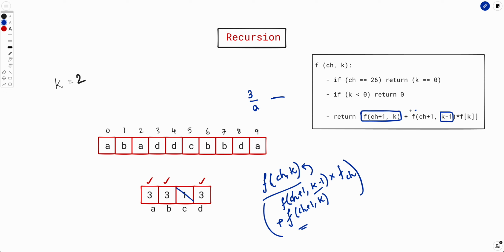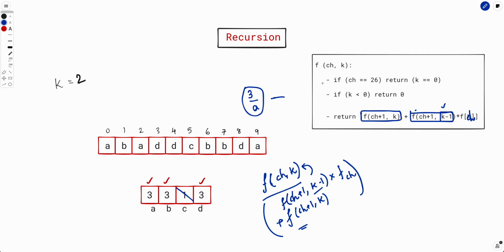So give me the number of ways in which I can fill up these K minus 1 characters with these remaining characters. And because I have filled the current position with the current character, I will simply multiply it with the frequency of CH.